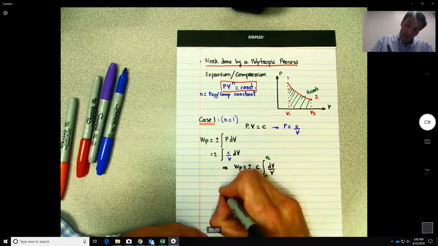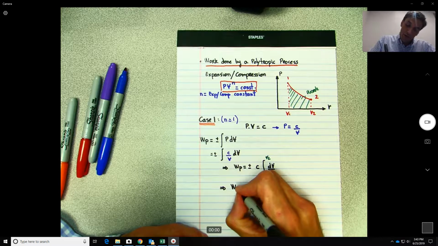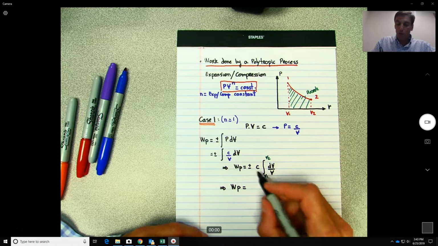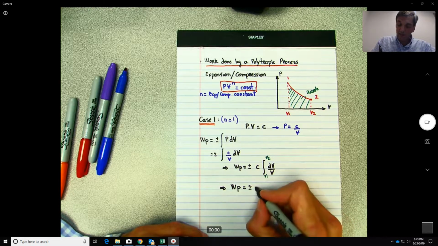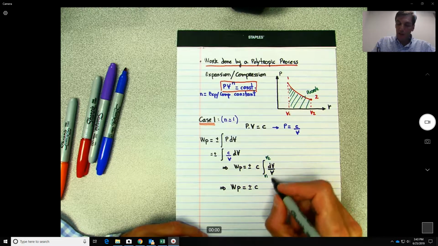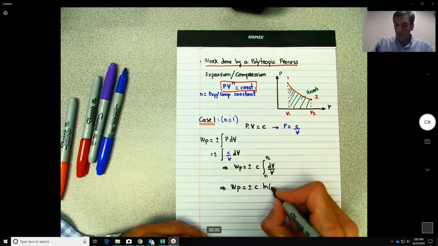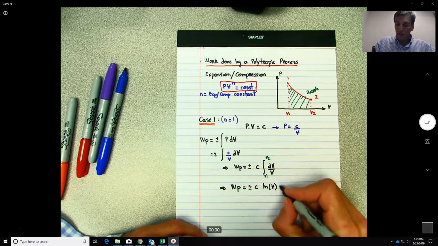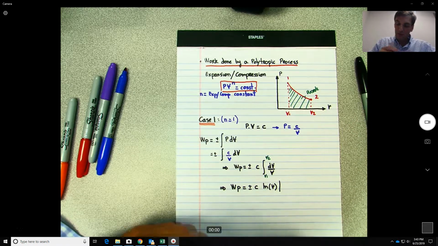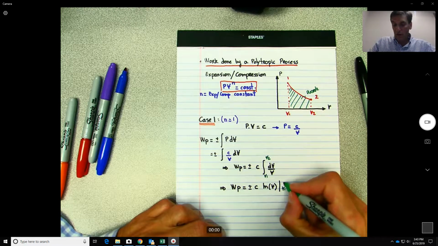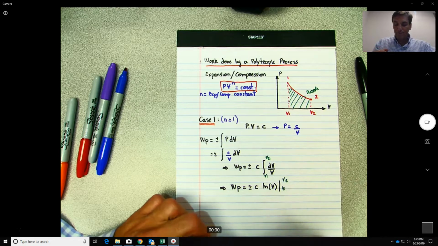So this will give us that the work done by the pressure is equal to plus minus C, and the antiderivative of this will be log of V between V1 and V2.